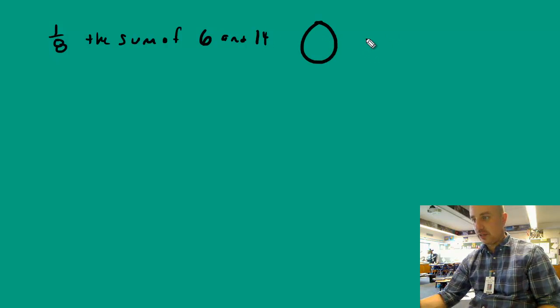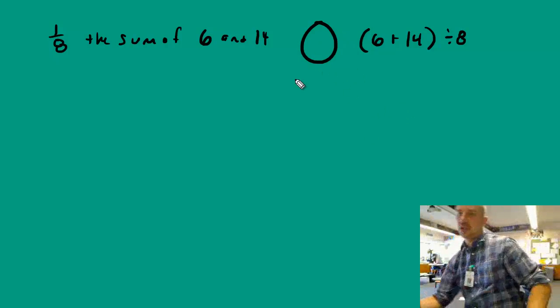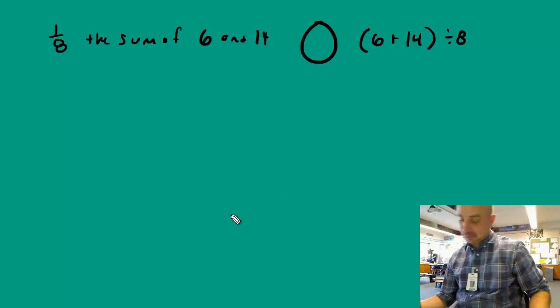If I have something like this, 1/8 the sum of 6 and 14, and I have a circle. And then over here I have 6 plus 14 divided by 8. In this circle, this is where we're going to put greater than, less than, or equal to. We're going to compare them, okay?